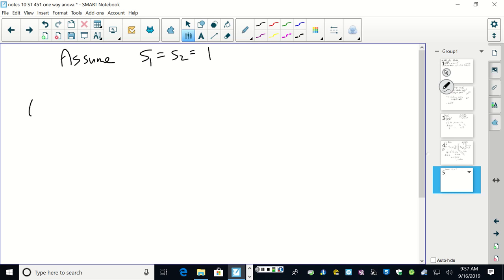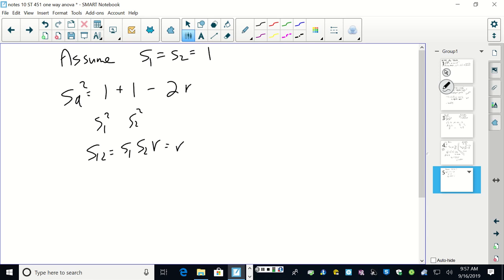So for the margin of error, the S of d is 1 plus 1, that's S of 1 squared, this is S of 2 squared, minus 2 times the covariance. So S of 1,2 was S1, S2 times R, but if they're both 1, this is just the correlation. So this is 2 times 1 minus the correlation.